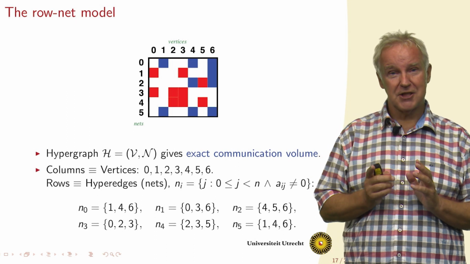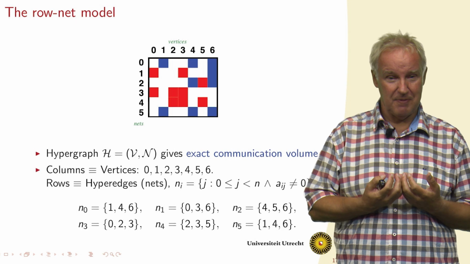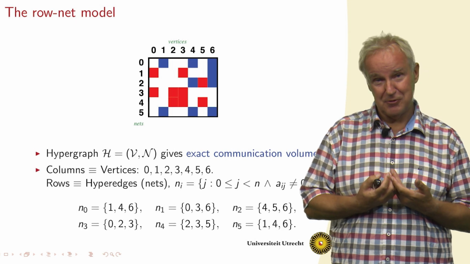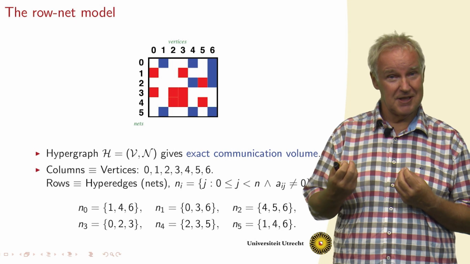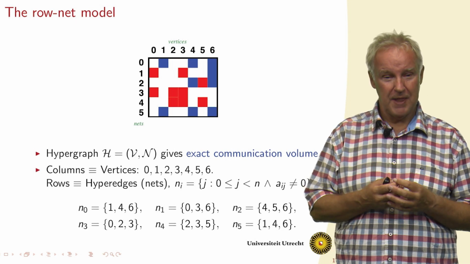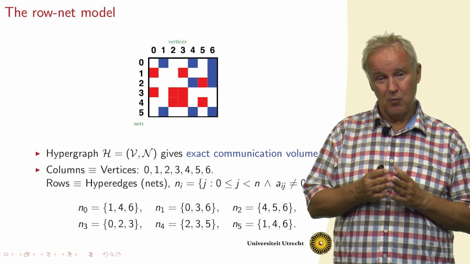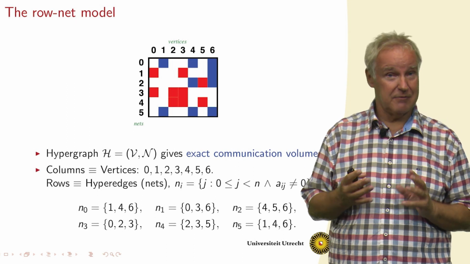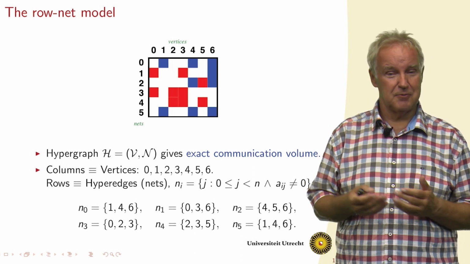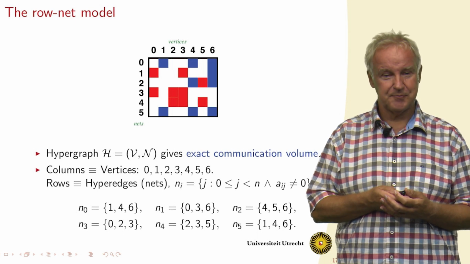And the rows express what we want to keep together, if possible. For example, you see that for row 0, this has succeeded because all the non-zeros are blue. And they give a net containing 1, 4, and 6. And so altogether we have 6 nets, and we have 7 vertices for this matrix.